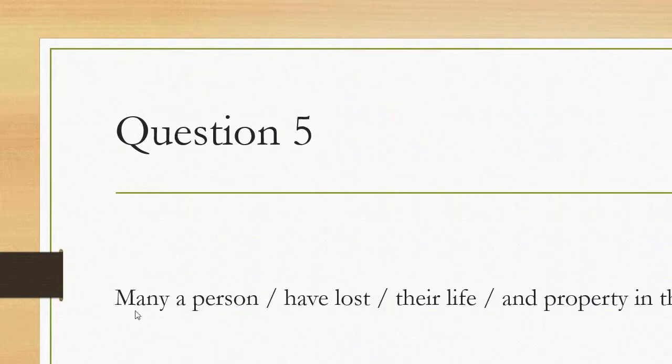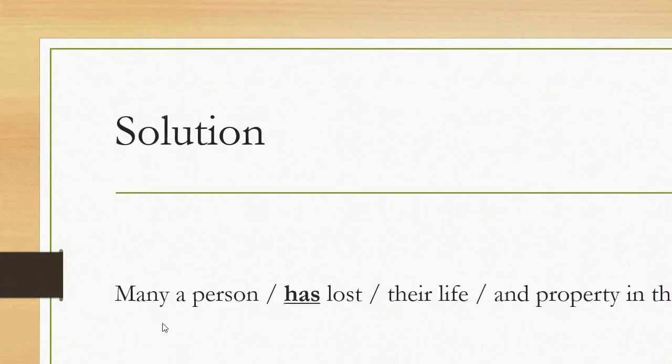So you have to write many a person has lost their life and property in the riots. So basically, if you look at the sentence, you'll find that it's a kind of repetition. So once you are thorough with this rule, you'll be able to solve the similar questions.